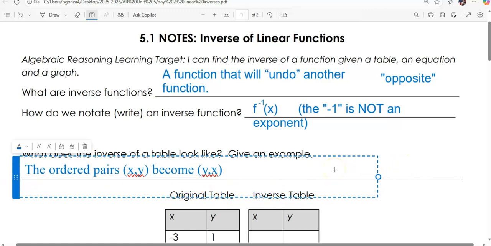And basically what you do is you switch x and y.